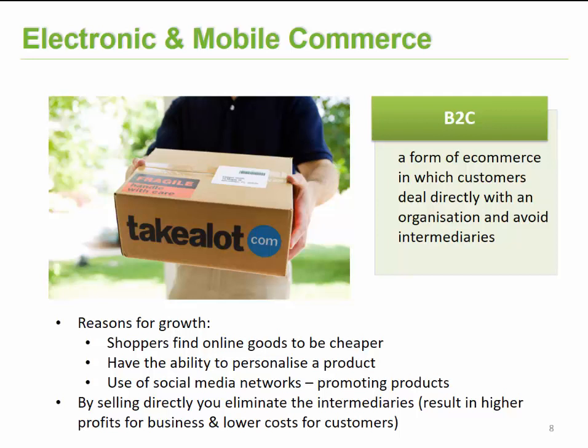So for example, you might see ads about cell phone companies releasing new cell phones, people liking it, your friends liking certain products, and that's actually a marketing tactic that they use to try to get you involved. So by selling directly to you as a customer, the producers or the companies selling the original products are actually eliminating the intermediaries, which will result in higher profits for them and then lower costs coming down to the customers. Now let's look at a quick example of business to consumer.